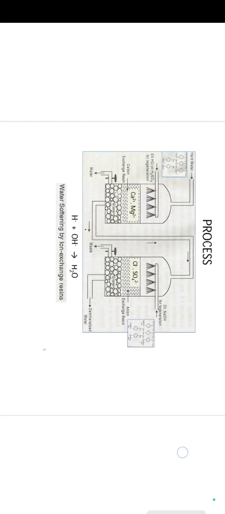So this is the setup of the ion exchanger. First one is the cation exchanger, second one is the anion exchanger. The hard water is first passed through the cation exchange column, which absorbs all the cations like calcium, magnesium, sodium, potassium.